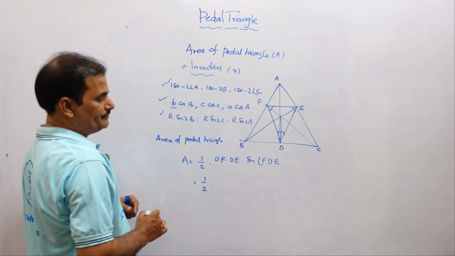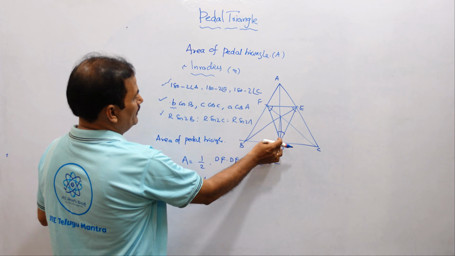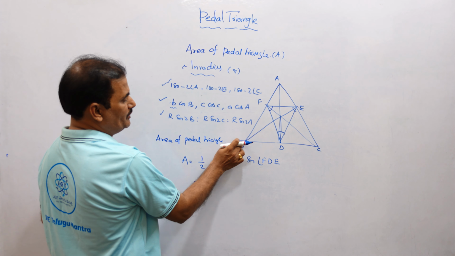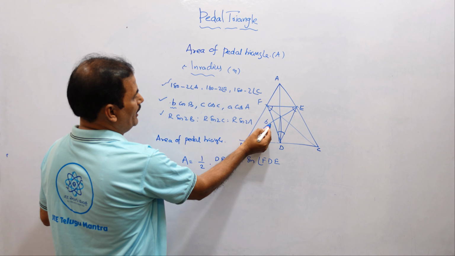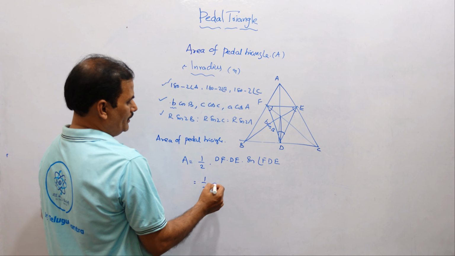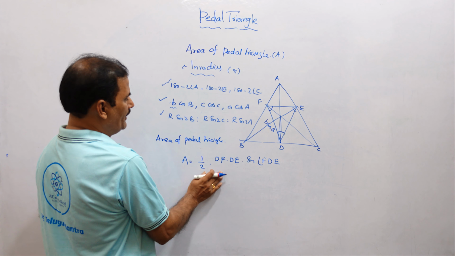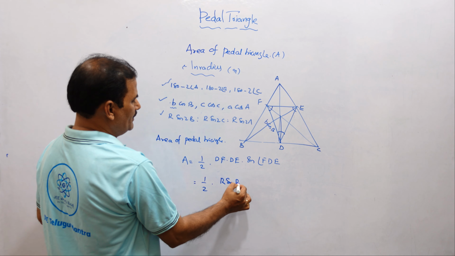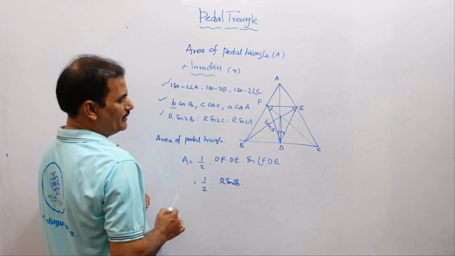Therefore, half into, what is DF? What is the side of the pedal triangle DF? It is opposite to B, so that is b cos B, or we can write in terms of R, R sin 2B.